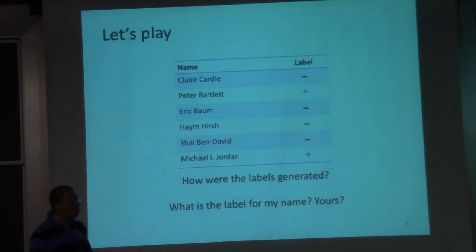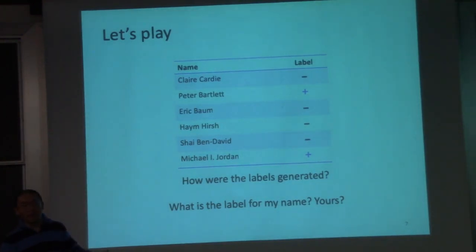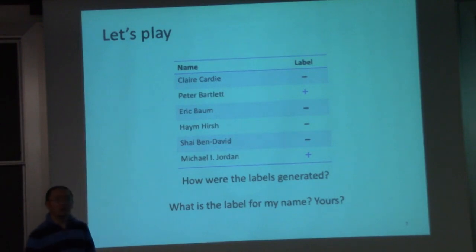Is this enough data for us to determine the function? Yeah, that's a very good question regarding the sample complexity. But right now, let us just put it aside. I just give you these 6 vectors with names and labels, and I want you to learn the unknown function that generates the labels. So what kind of functions come to your mind?